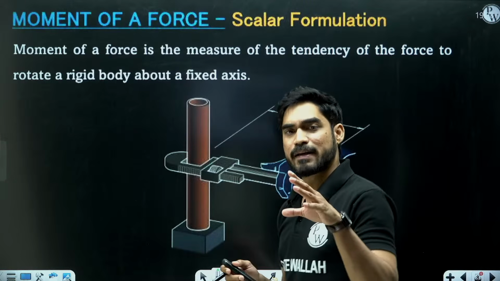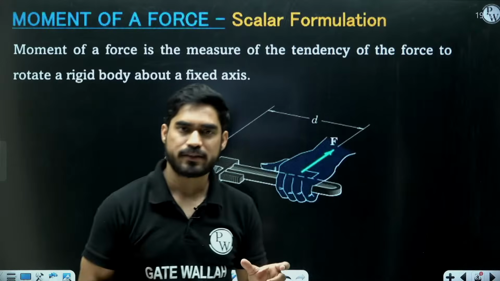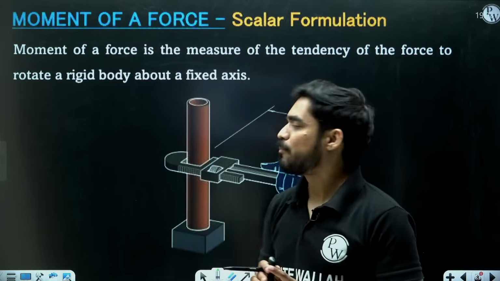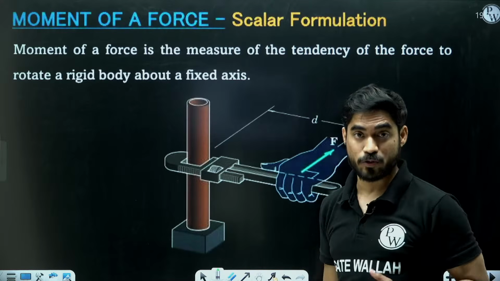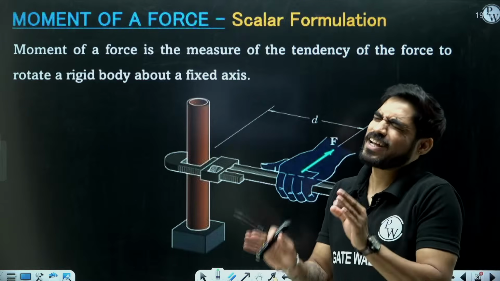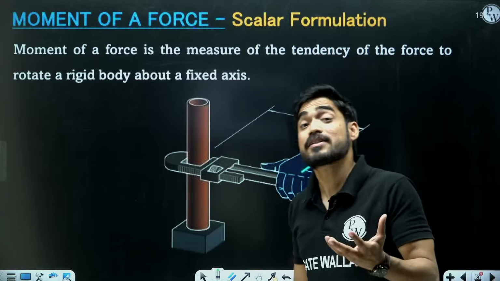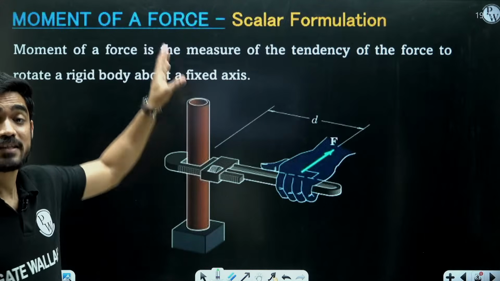Now it is important to quantify this. Quantify means we know that the force is trying to rotate this body, but how much is it trying to rotate the body? Is it trying to rotate it too much, or is it just trying to rotate it? How much is it trying? So that quantity is known as the moment.